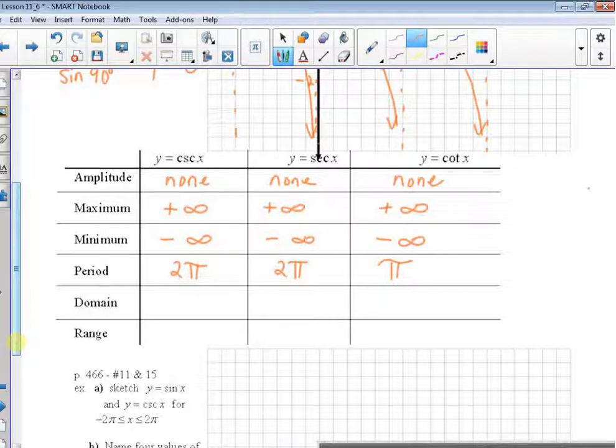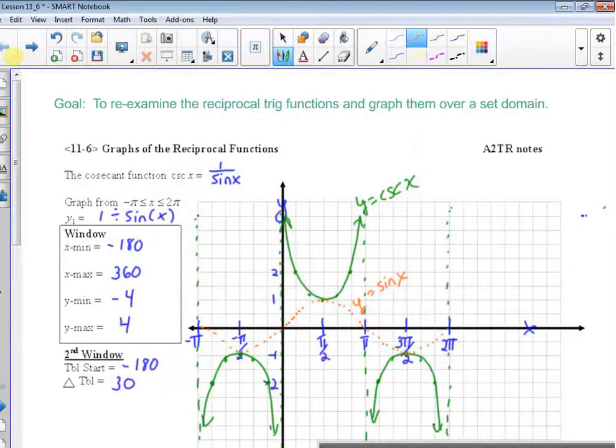Now the domain, we kind of talked about the domain before. If you take a look at the domain for cosecant, it's all reals except where it's going to be 0, 180, 2 pi, or 360, negative 180. Those actually are multiples of 180 degrees.